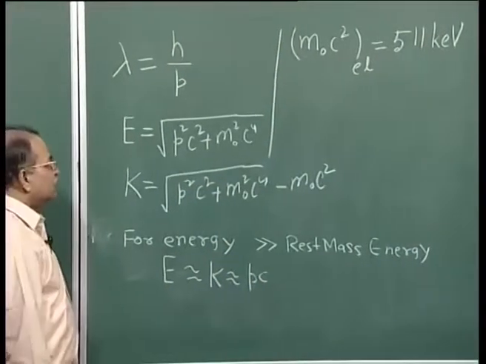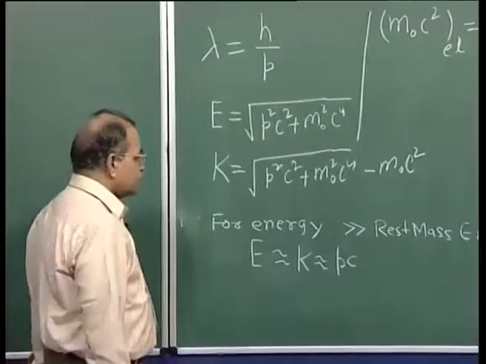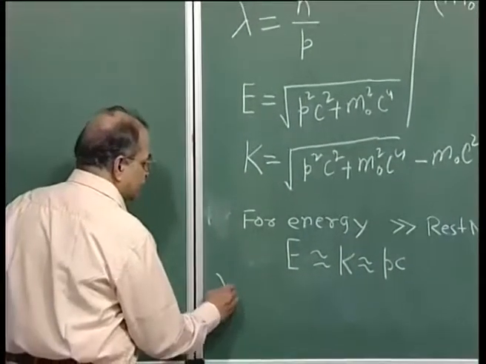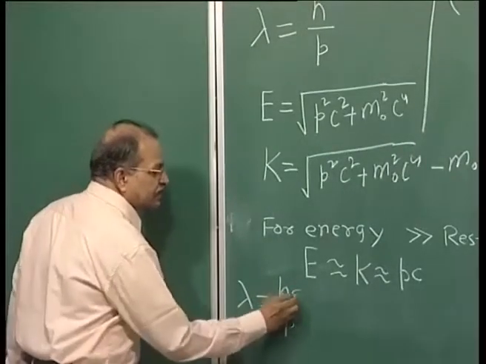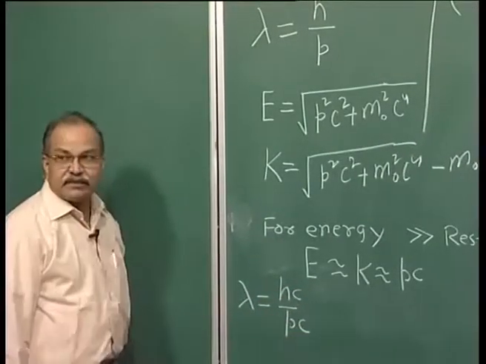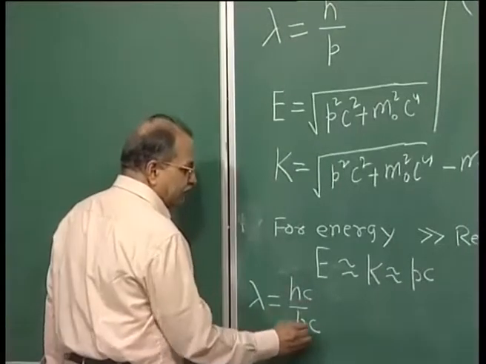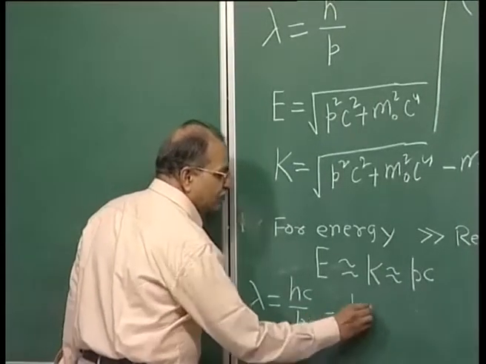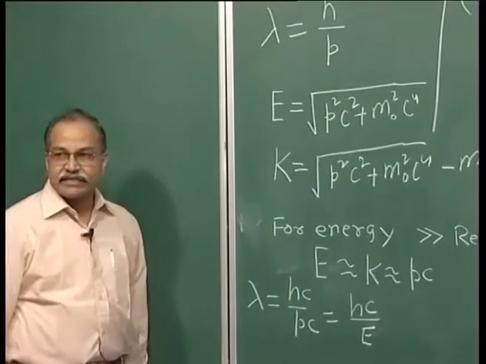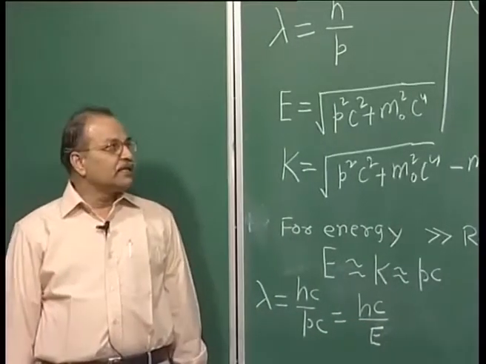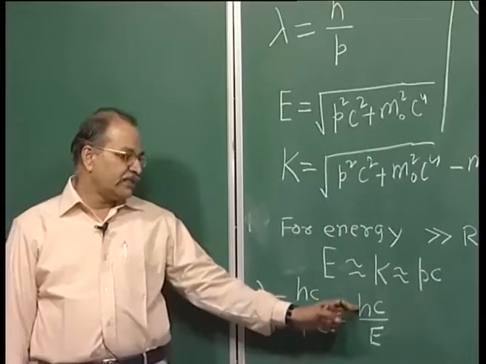So, come back to this wavelength calculation. The wavelength lambda is h over p, multiplying c here and c here, so it is hc by pc, and pc is almost the same as the energy or kinetic energy. Now, another useful number is h into c.